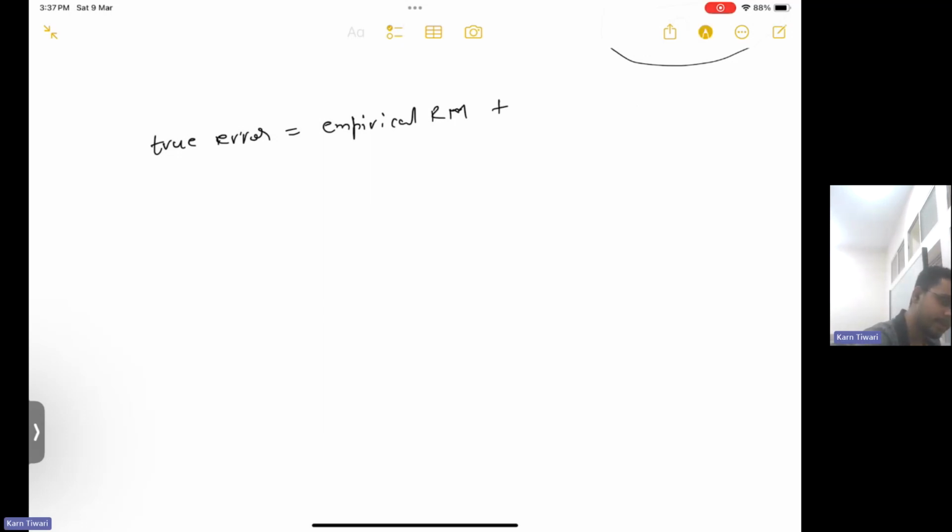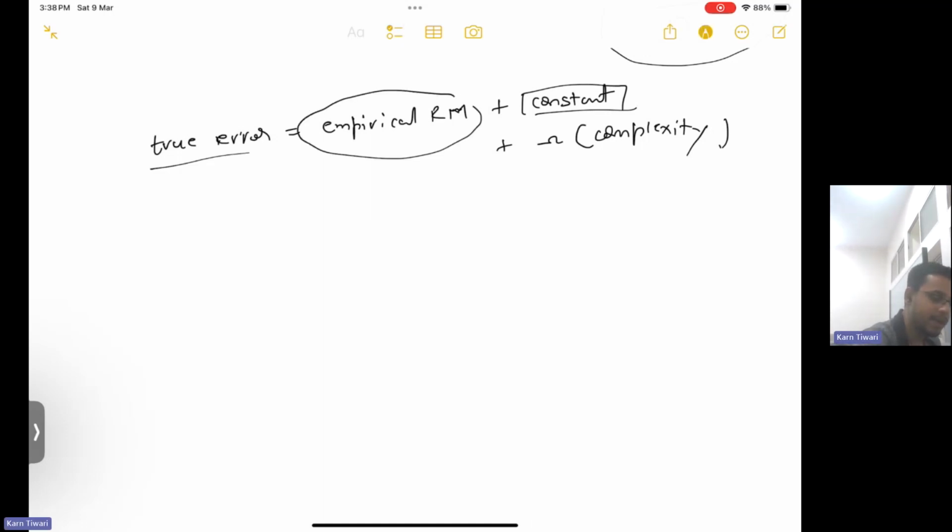Then there is some constant, the model complexity. This constant we don't have control over; it's always a constant, the irreducible error. The empirical risk term we can calculate with the samples, as I showed.